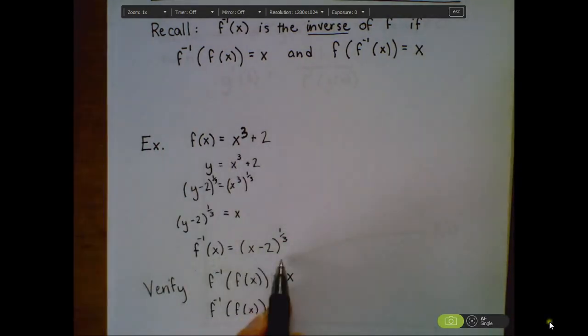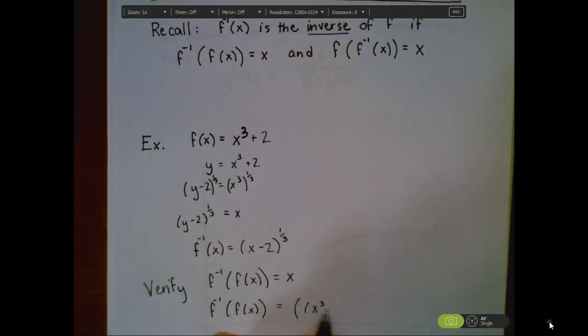So my f inverse function looks like x minus 2, but instead of x, I'm going to put in my original function, which is x cubed plus 2, minus 2, all to the 1/3. So in here is my f function. My f of x is right in here, and I'm plugging this chunk into my inverse function, which is the outer function.